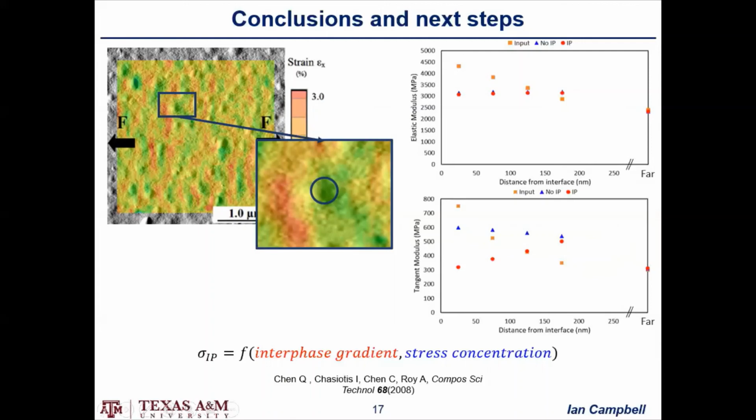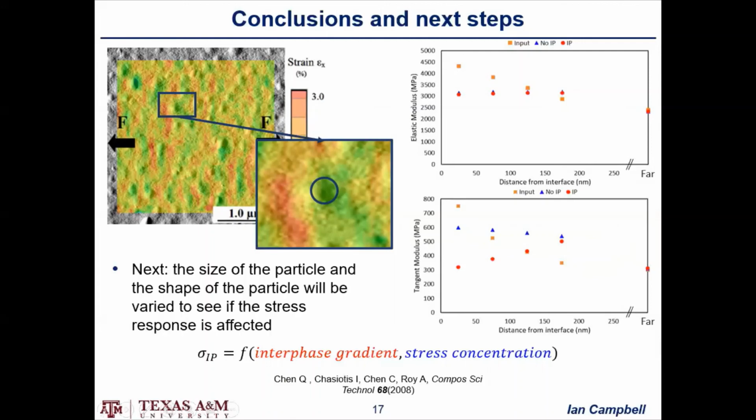Initial results from one such additional simulation suggest that the magnitude of input properties is an important contribution to the role of the interphase gradient, and that deformation to larger strains may cause differences between models to be more identifiable. Moving forward, more models will be produced with particle size and particle shape varied to identify additional significant parameters for deconvolution.